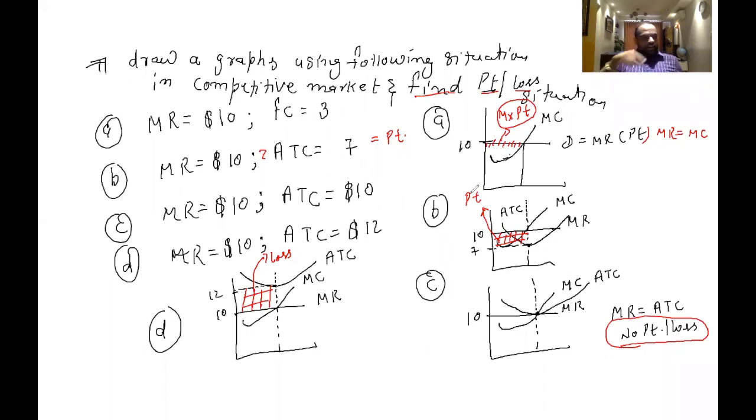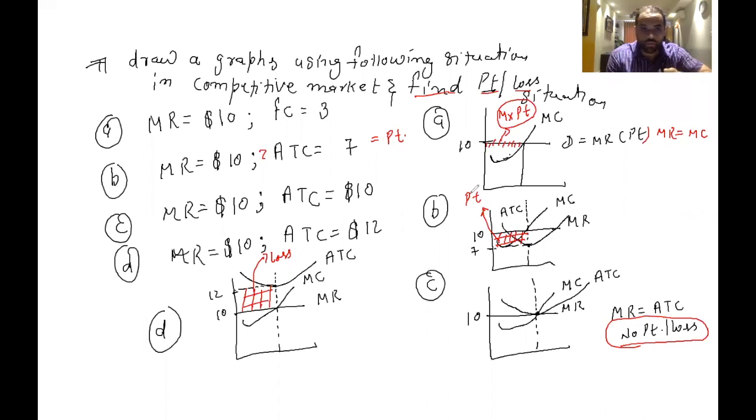So this is the example, a kind of class exercise that I helped you to do, because I cannot check your class exercise now. All right, so that's why I also provided you the answer. So you have 4 different situations, all right? Situation A, maximum profit situation. Situation B is a profitable situation because we have average total cost.